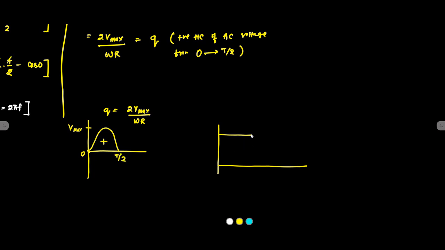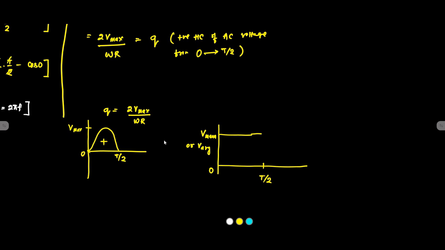Suppose we transfer a DC current for the same time duration T by 2 and we call it V mean or V average, that is the DC voltage. We want to determine the value of this DC voltage. So by definition, this DC voltage will also transfer the same amount of charge.